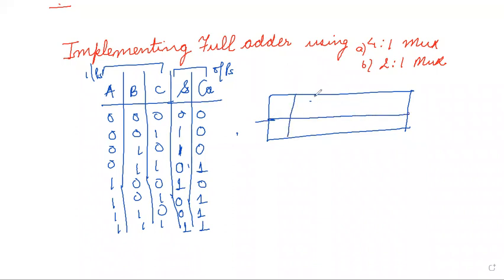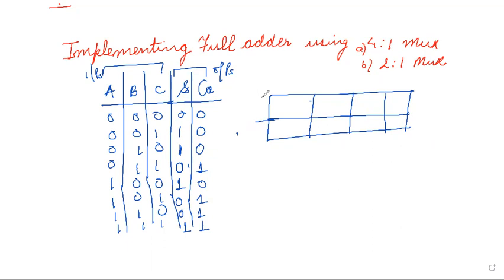So with a 4:1 multiplexer, I will be having 2 select lines and 4 possible combinations.